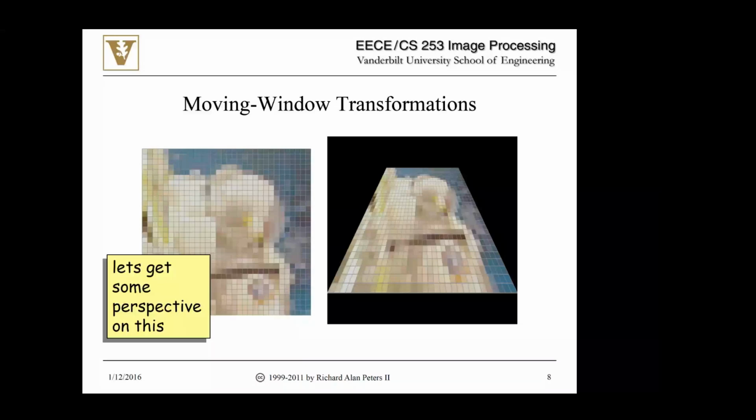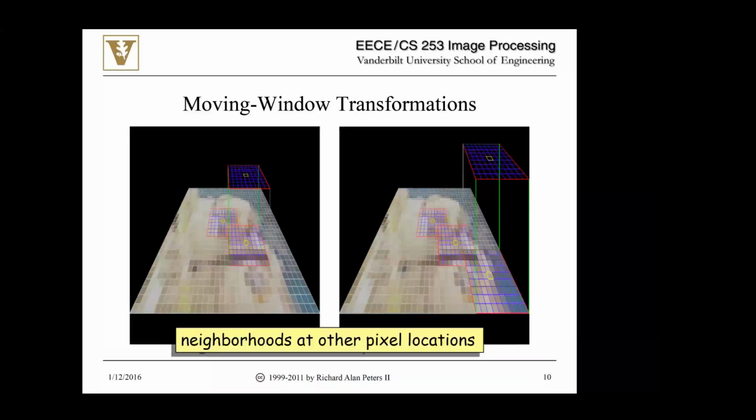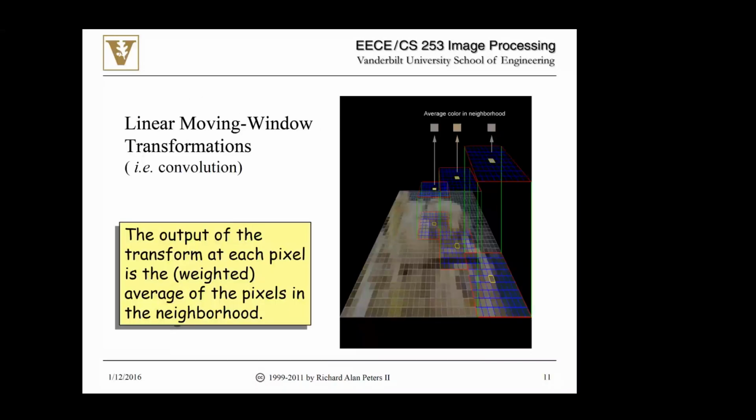Then if you want to compute the average somewhere else, you move the window and compute the new average there. So for every neighborhood, you compute an average, and that is the output of that point. Instead of 1 to 1, you go from a group to 1. And these are these moving window transformations.